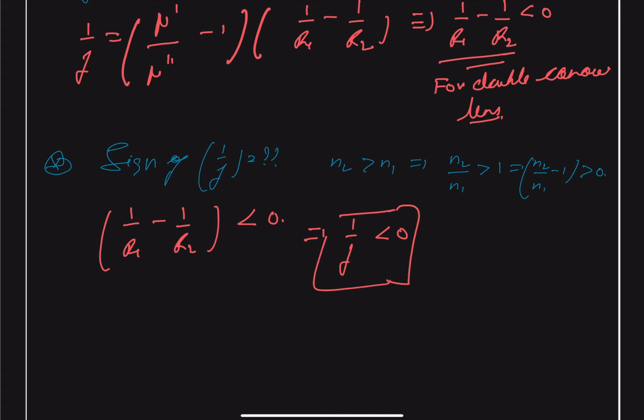Okay. So it means the focal length is negative, so which basically means diverging.